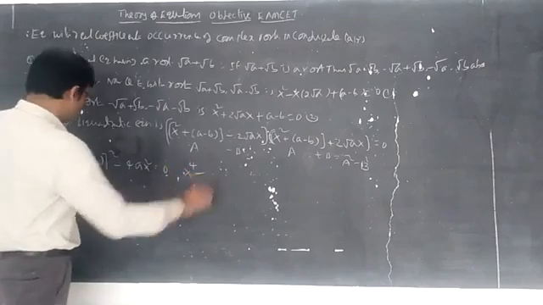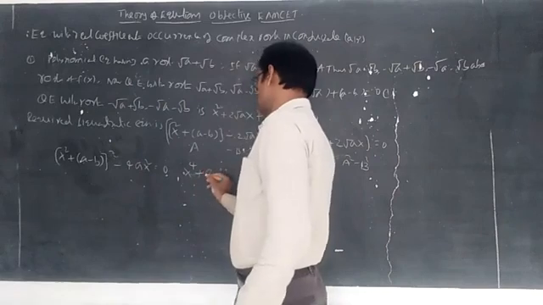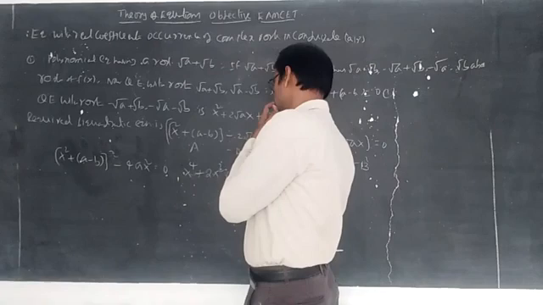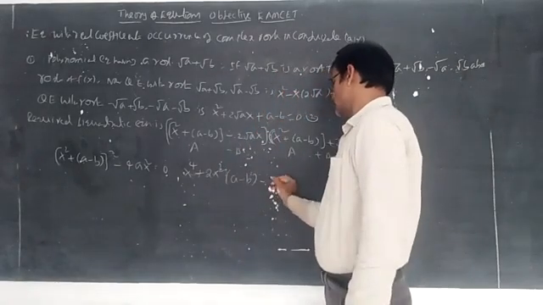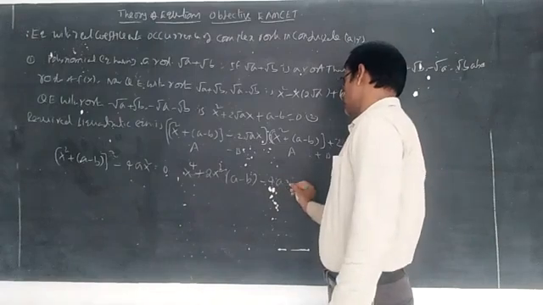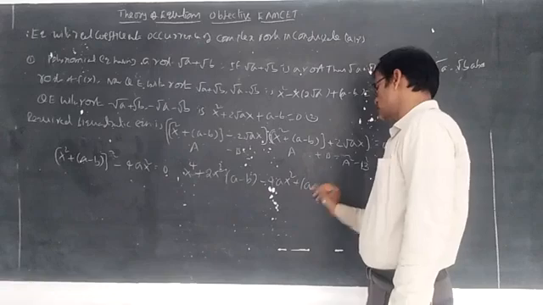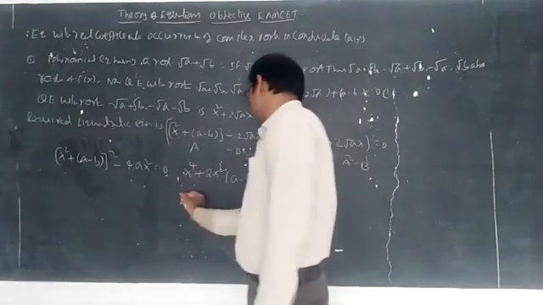Expand this one. X power 4 plus 2x square into a minus b, minus 4a x square, plus a minus b whole square, equal to 0.